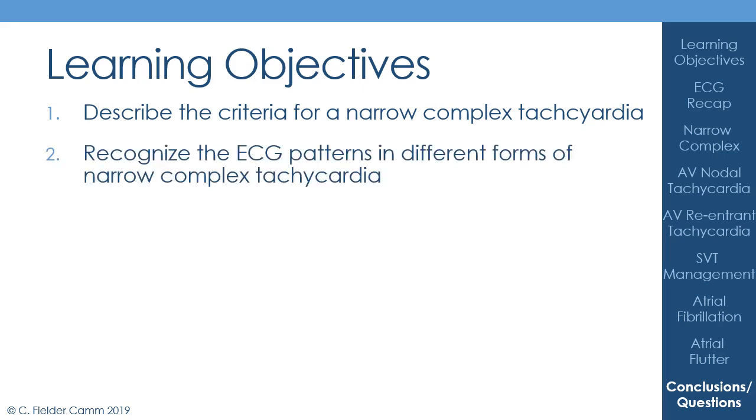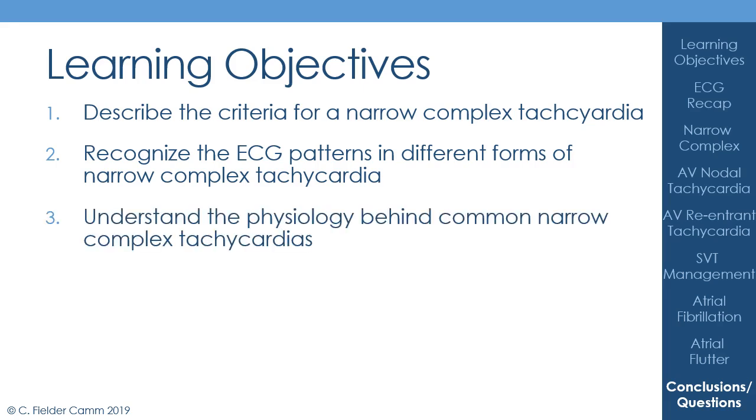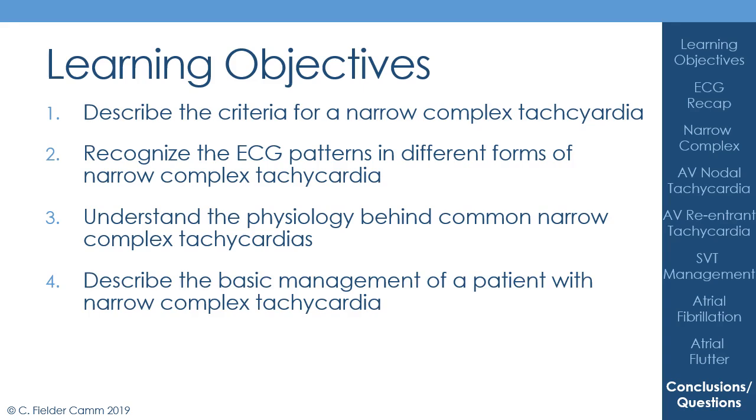We've gone through the ECG patterns for different forms of narrow complex tachycardia, particularly AV-NRT, AV-RT, atrial fibrillation, and atrial flutter. We've definitely gone through the physiology behind the common narrow complex tachycardias. And we've described basic management for a patient with a narrow complex tachycardia.